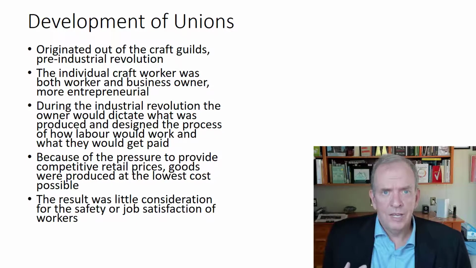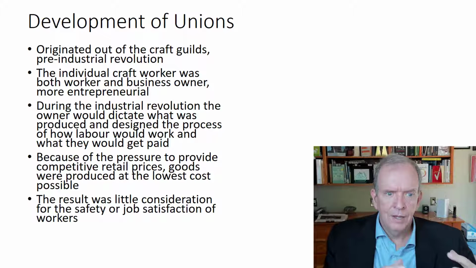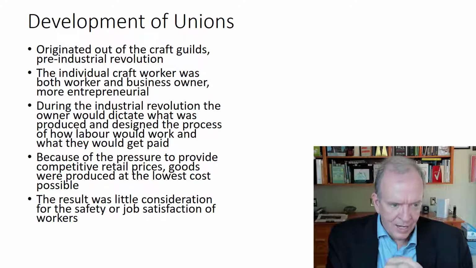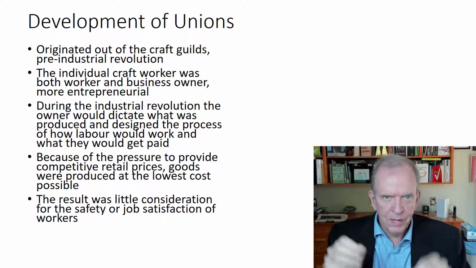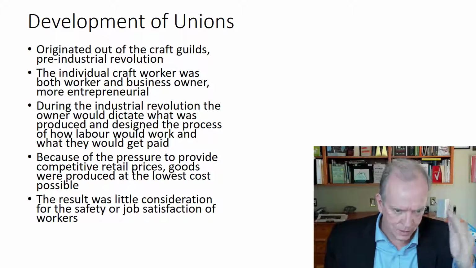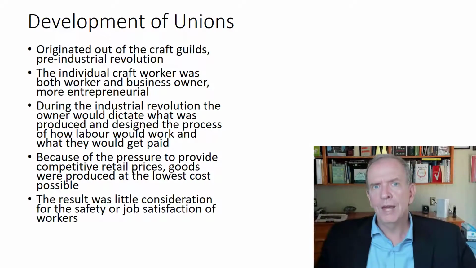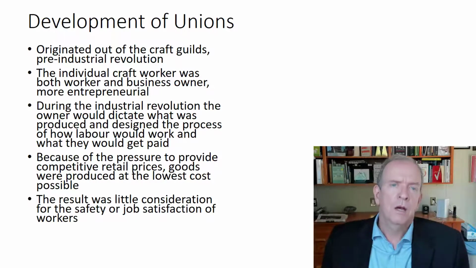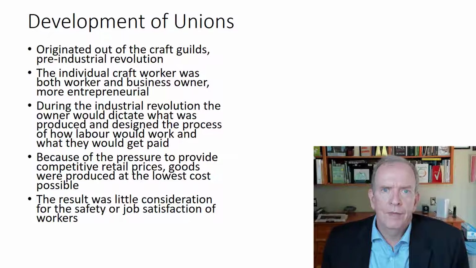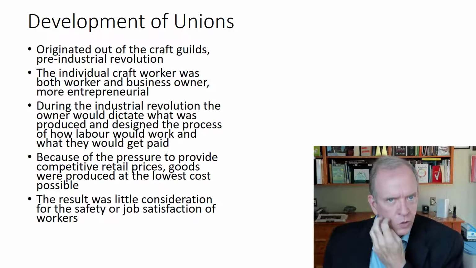The whole idea of the Industrial Revolution is de-skilling, where you can take somebody and, like the pin example I gave in another lecture, you can take it to a bunch of different specialties, and that person just does this one thing all day long, and they get very good at it, but they don't have the breadth of skills that a craft worker would have that mastered that particular trade.